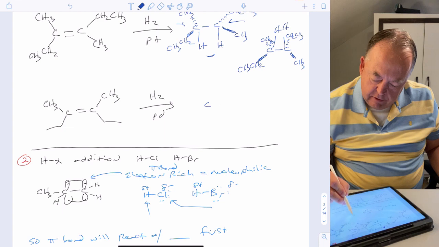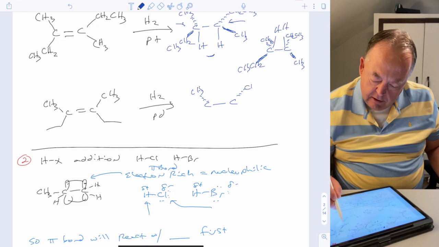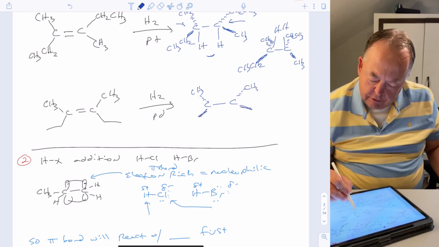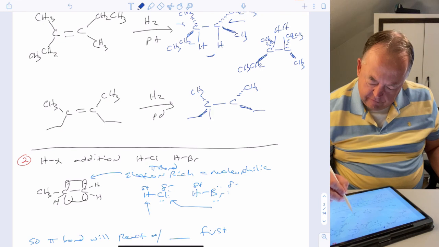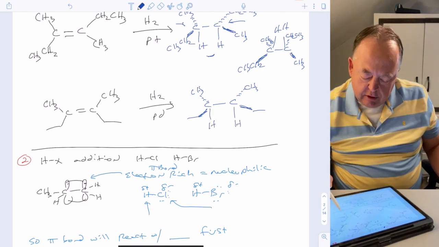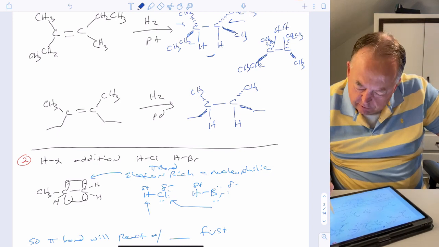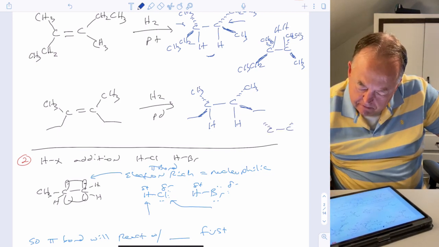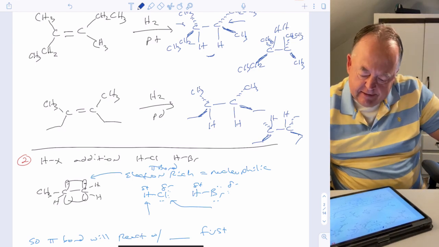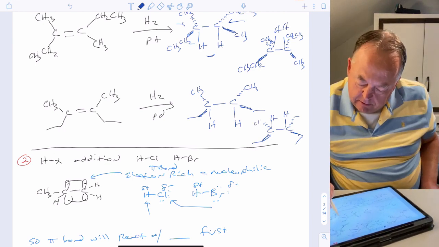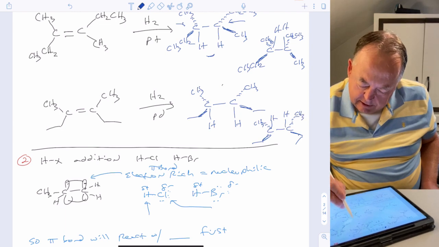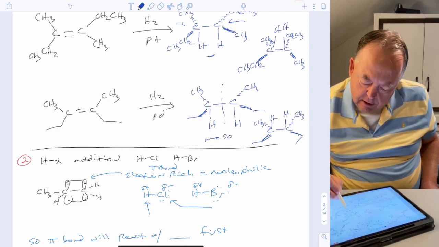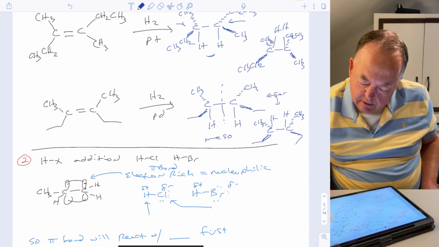Or if this was our molecule, and again, if we draw it from a side perspective, where the two methyls are back and the two ethyls are front, then if the hydrogens add syn to each other, so if we had that versus that, those are both syn additions, but these two molecules are the same, right? Because this molecule has an internal plane of symmetry, so it's meso. So this is the same as that.